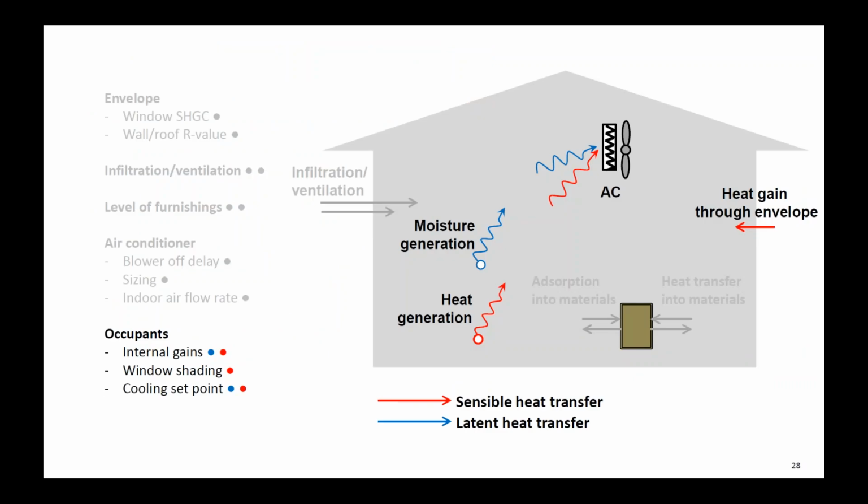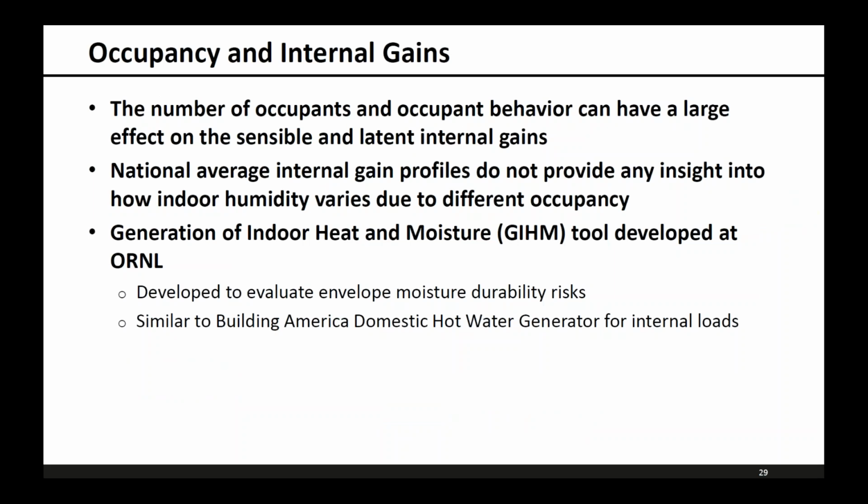Okay, so switching gears to talk about the internal loads due to occupants and their behavior. As John mentioned, the number of occupants and their behavior can have a large effect on the latent and sensible internal gains.